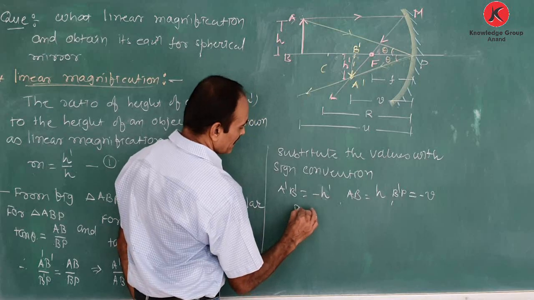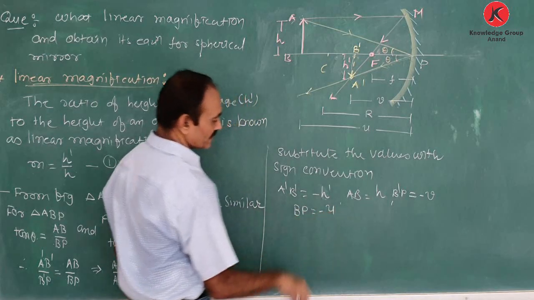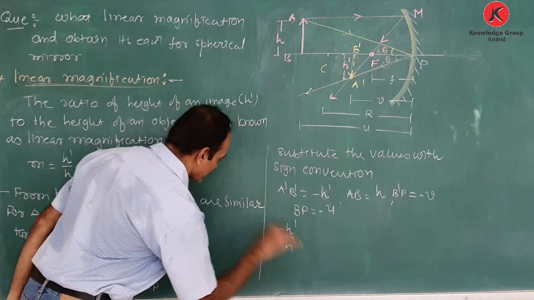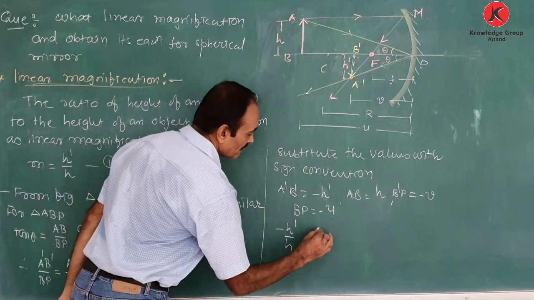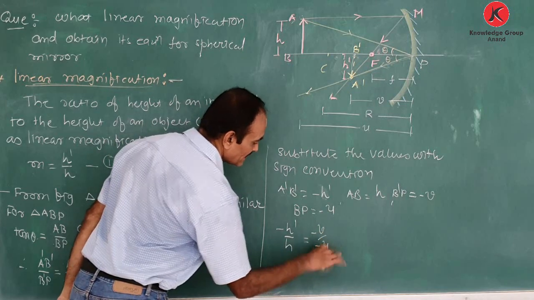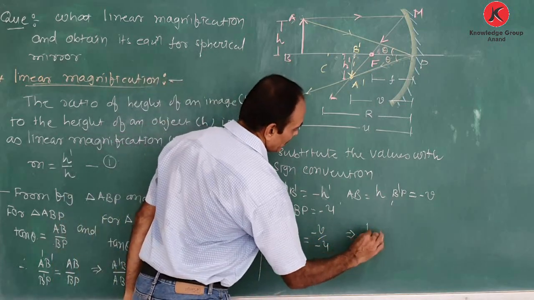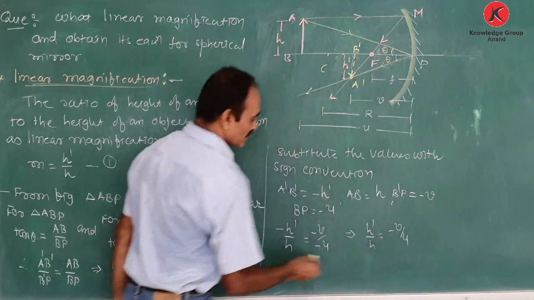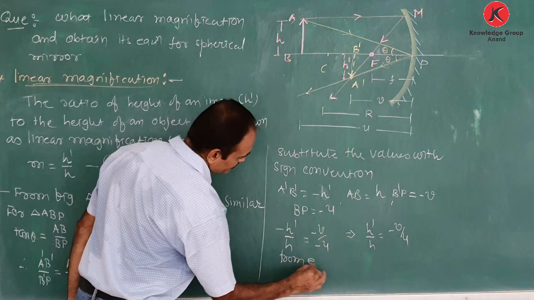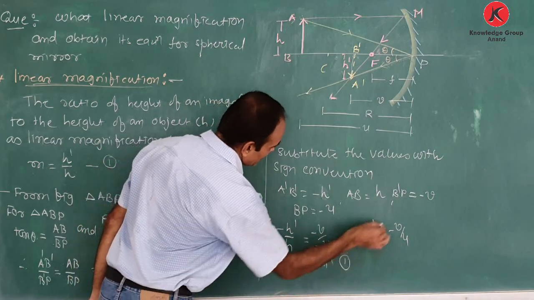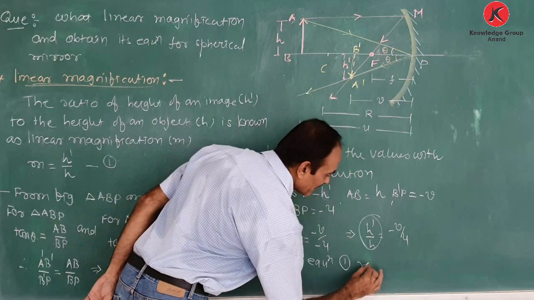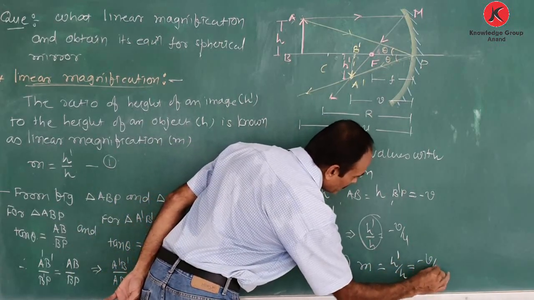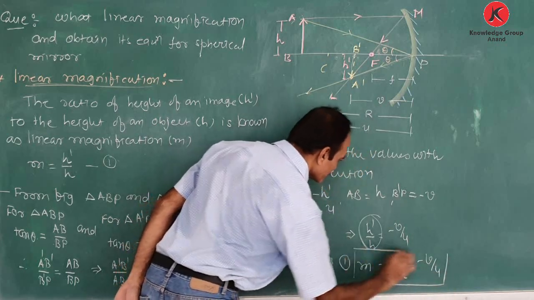Therefore, BP is equal to minus u. Substituting in this equation, minus H' upon H is equal to minus v upon minus u. Therefore, H' upon H is equal to minus v upon u. Comparing with equation 1, that is m, the linear magnification m is equal to H' upon H, which is equal to minus v upon u.